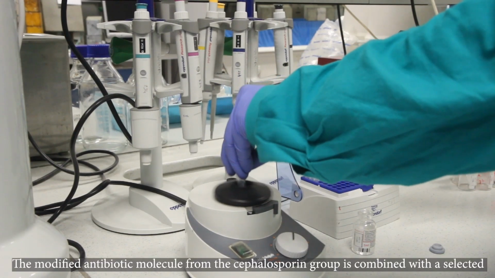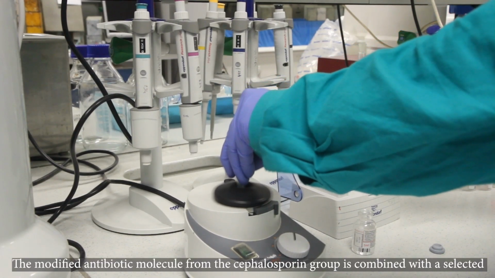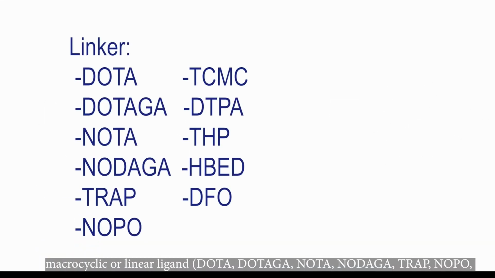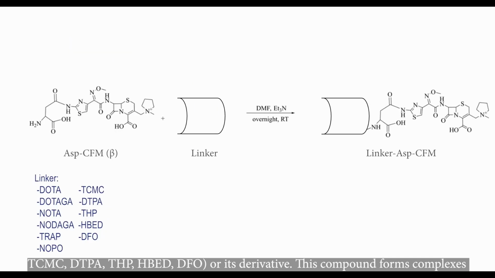The modified antibiotic molecule from the cephalosporin group is combined with a selected macrocyclic or linear ligand: DOTA, DOTAGA, NOTA, NODAGA, TRAP, NOPO, TCMC, DTPA, THP, HBD, DFO, or its derivative.